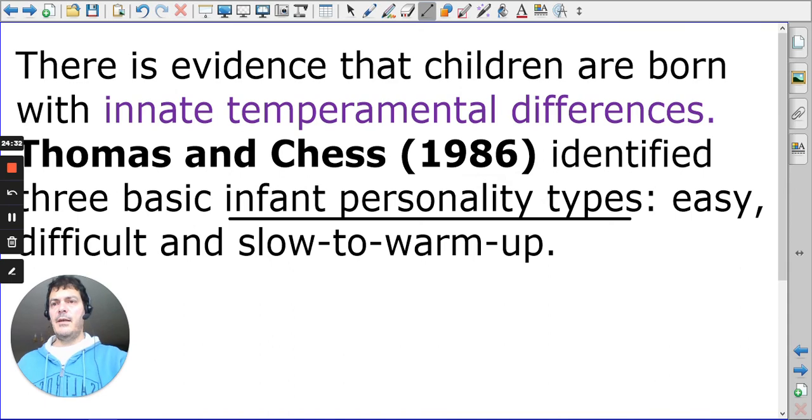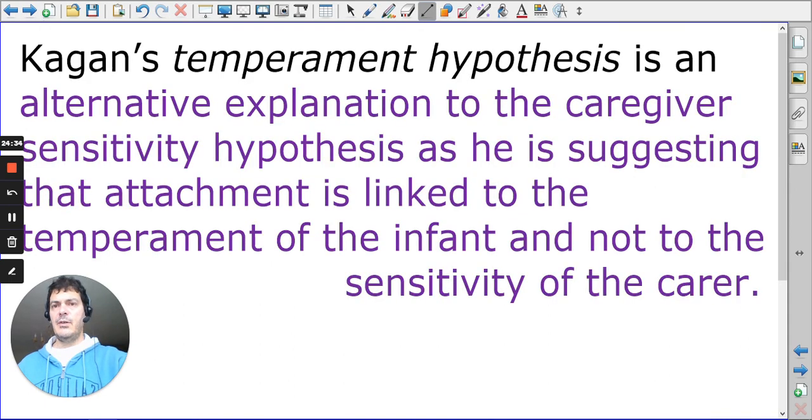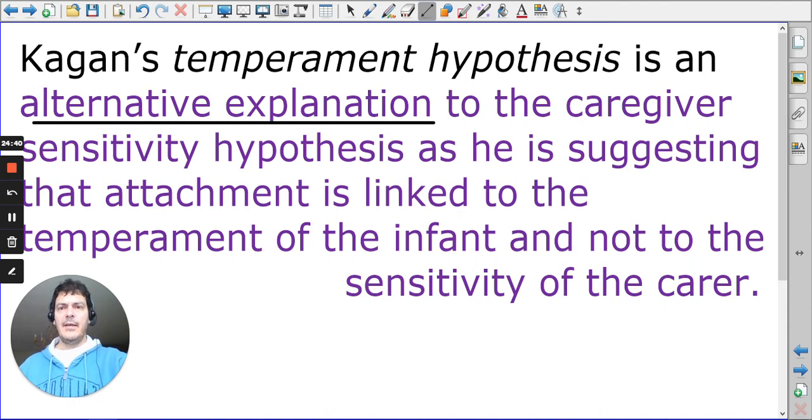Now that is a real issue, okay? Because this hypothesis is saying that there's some other reason why we have this attachment bond formed. It's saying that the attachment is formed because of their temperament and not because of the sensitivity.